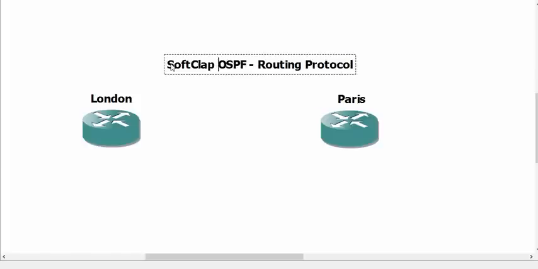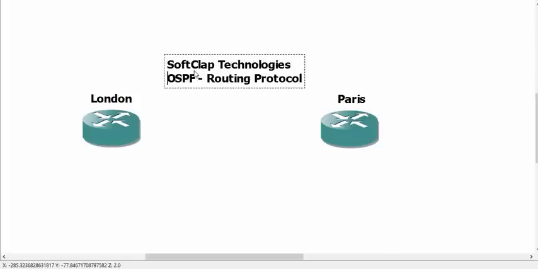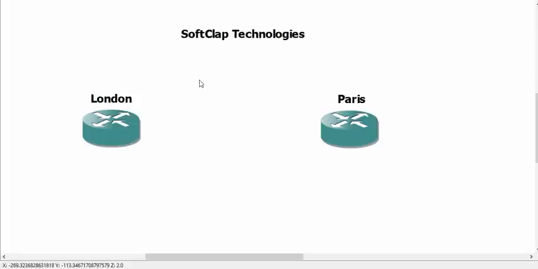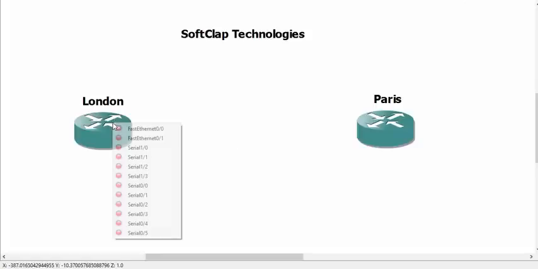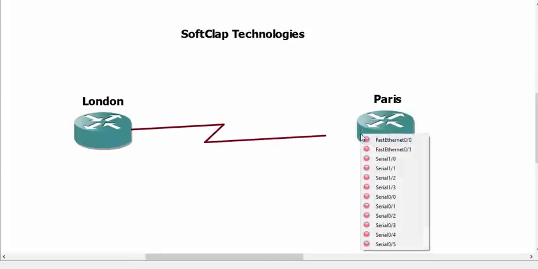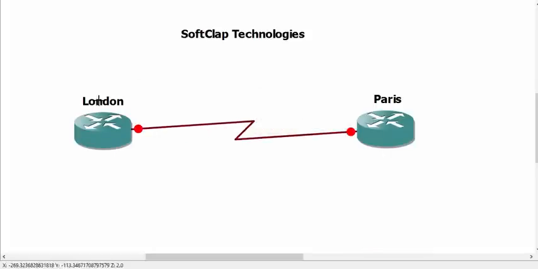They decided to use the OSPF protocol. So you are the network engineer, and they have a branch in Paris and the main office, the headquarters, in London, and you need to connect the two so they know what is behind this area.